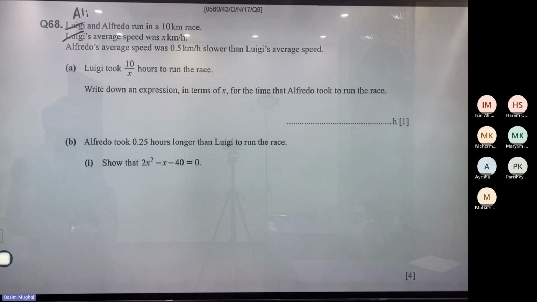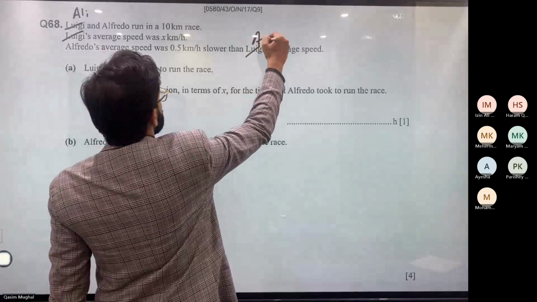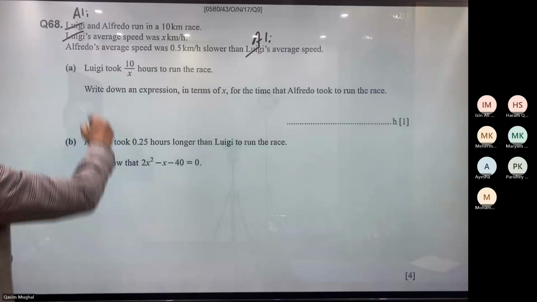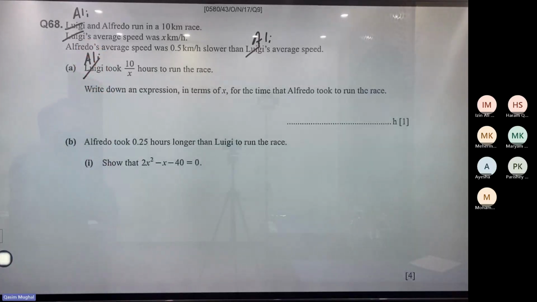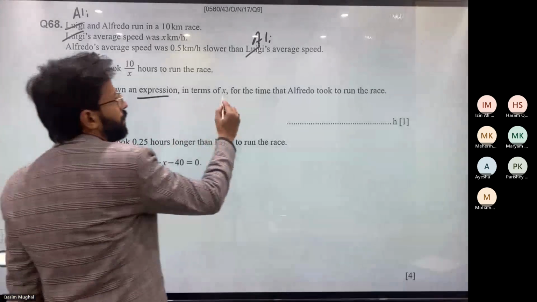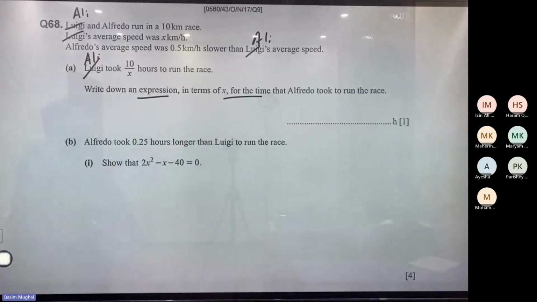Alfredo's average speed was 0.5 kilometers per hour slower than Ali's average speed. Ali took 10 by X hours to run the race. Write down an expression in terms of X for the time that Alfredo took to run the race. Okay, that's the first part.